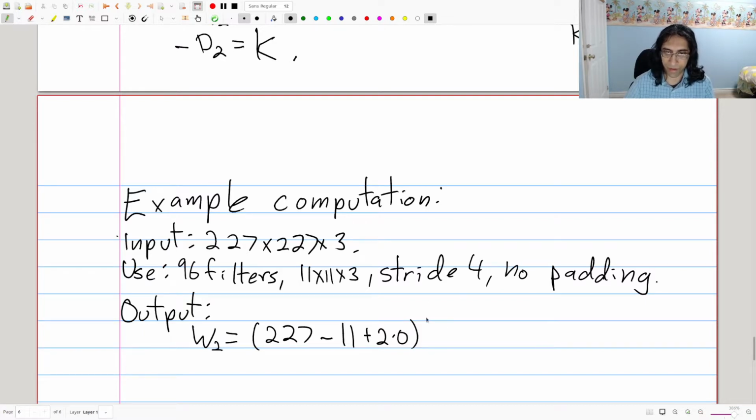Then, like I said, we divide by the stride, so divide by 4, and then plus 1. If you do this out, this gives you 216 divided by 4 plus 1, which is equal to 55.